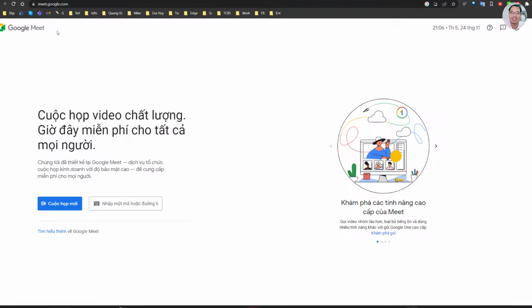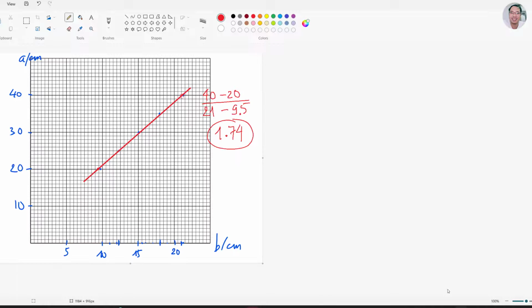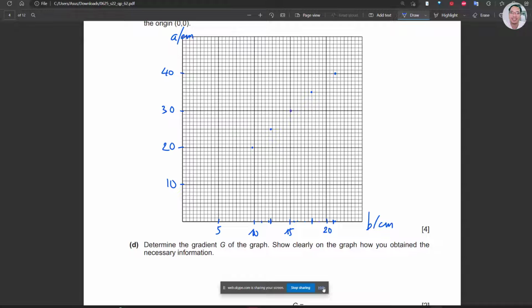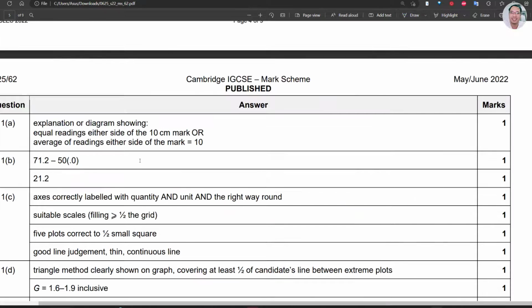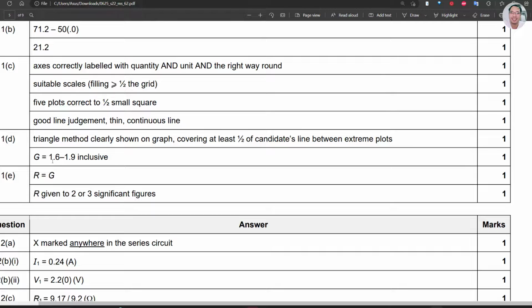Okay, let's check the mark scheme. Question 1D. From 1.6 to 1.9. Oh, you have a wide range of acceptable values. Beautiful. So feel relaxed to draw the line.